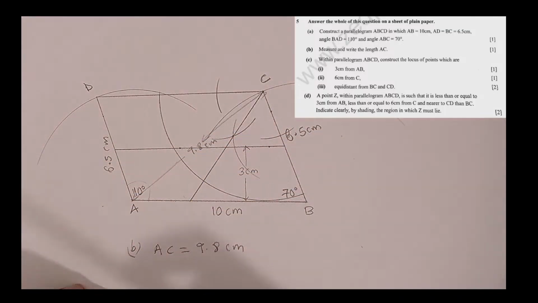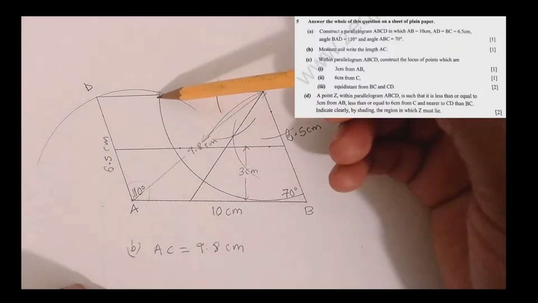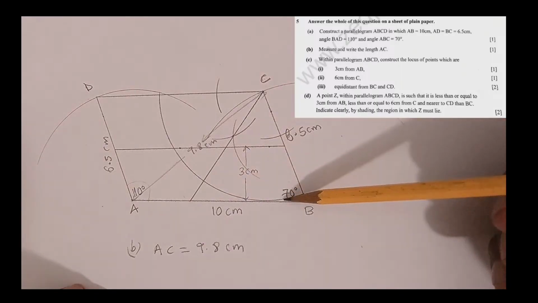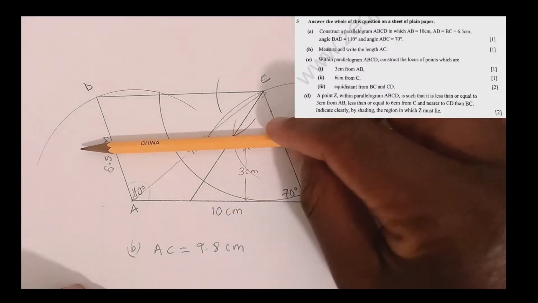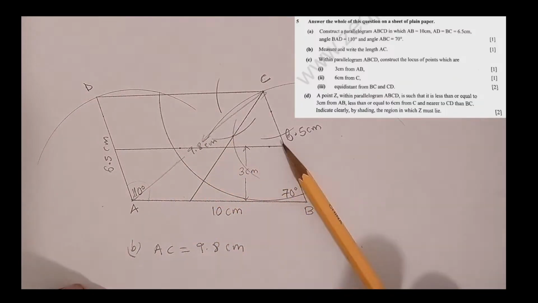Then it is less than or equal to 6 centimeters from C. So this is my C here, and this is my 6 centimeter mark. So it is below the 6 centimeter mark. So I have this region here.